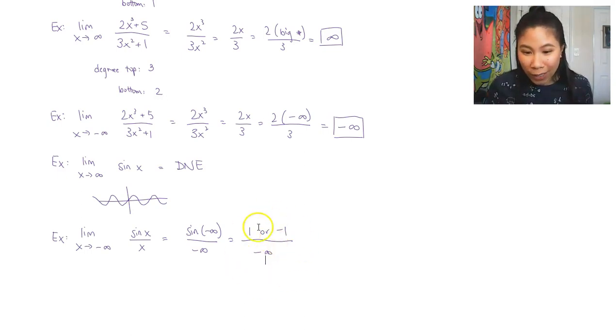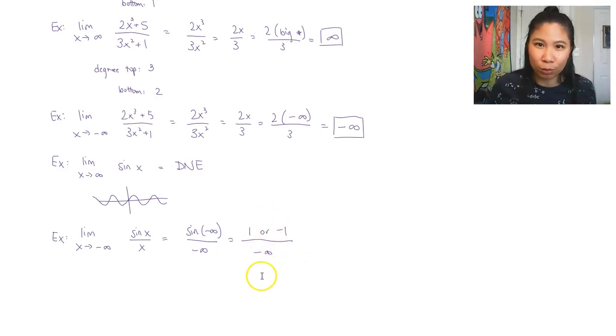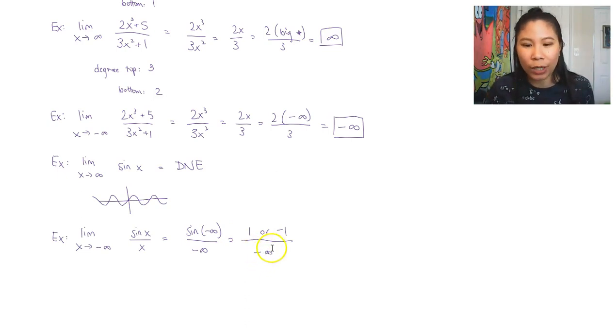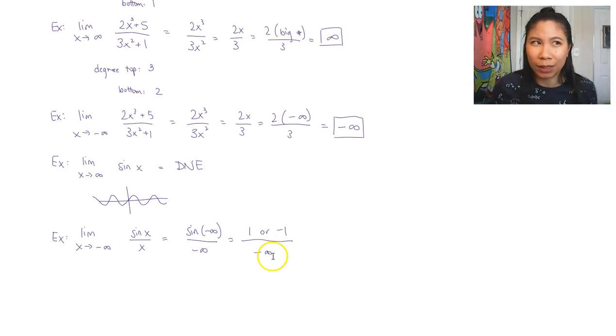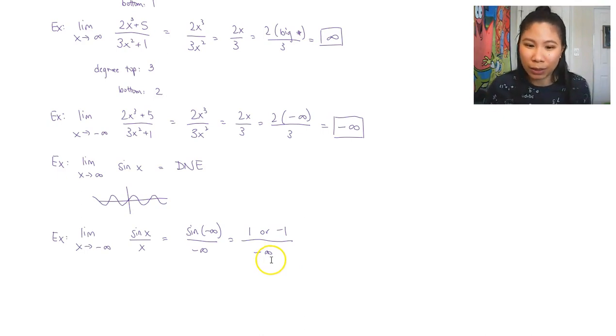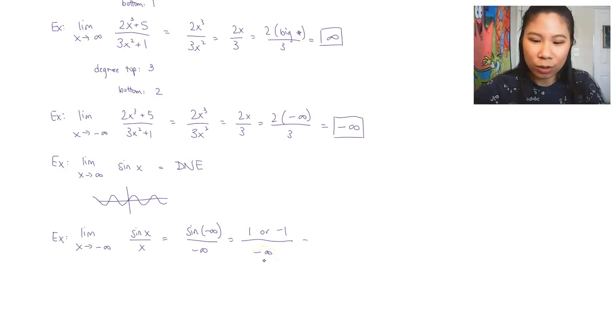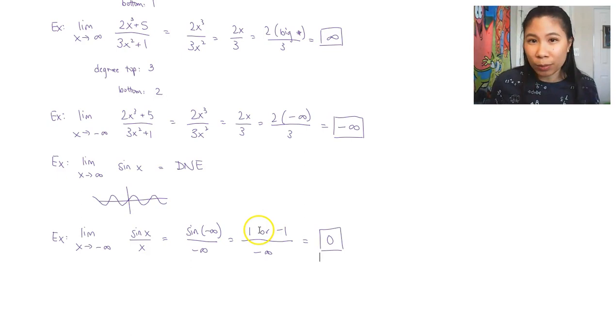If we have a fraction where the denominator is really big, even if it's a negative number, my overall fraction will still be a really small number, getting close to 0. It's like when your degree on the bottom is bigger, then your horizontal asymptote is going to approach 0. Because we have some small number on top, either the 1 or the negative 1, over a really big number, that's going to get close to 0.